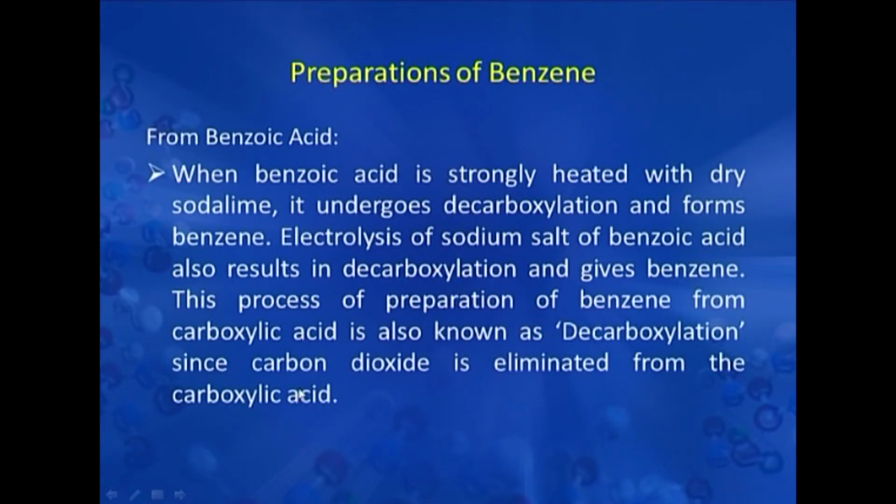Benzene can also be prepared by electrolysis of the sodium salt of benzoic acid. The sodium salt of benzoic acid also results in decarboxylation, and in this process of preparation of benzene, carbon dioxide is eliminated from the benzoic acid molecule. This is referred to as decarboxylation of carboxylic acid.